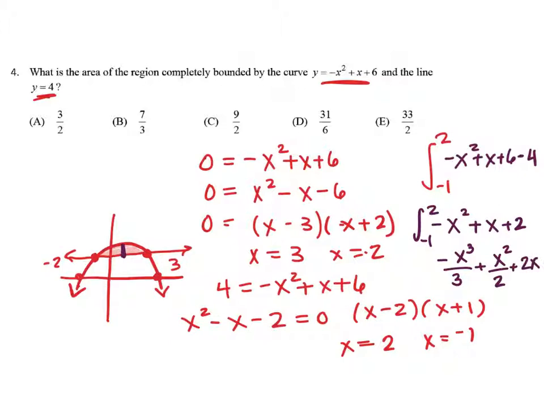Plus 2x. And we're going to evaluate that from negative 1 to 2. So when we start chunking in some values here and you simplify, you should end up with C.